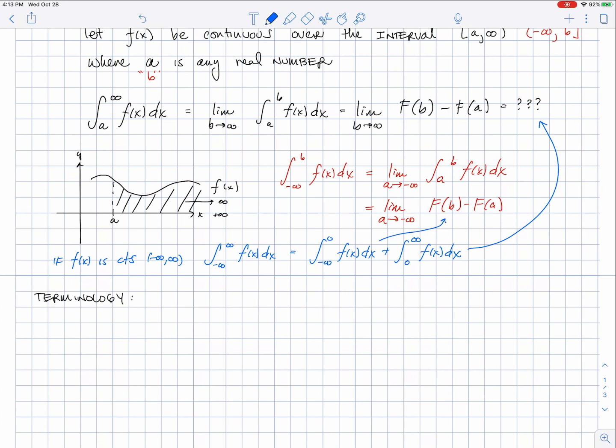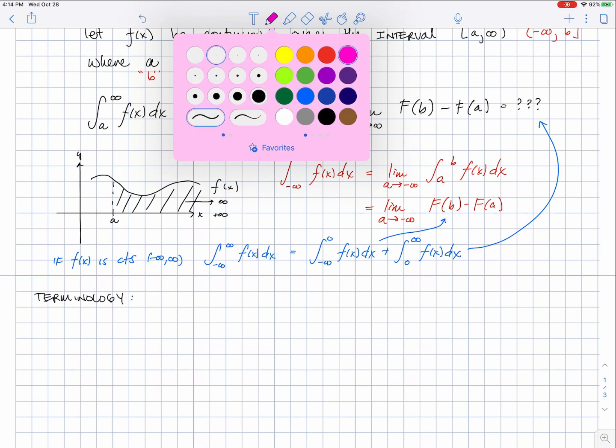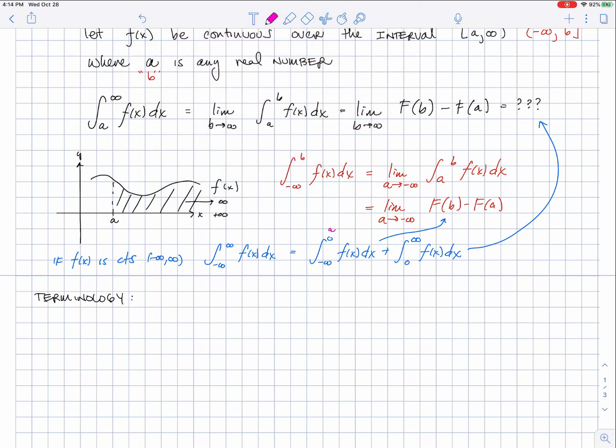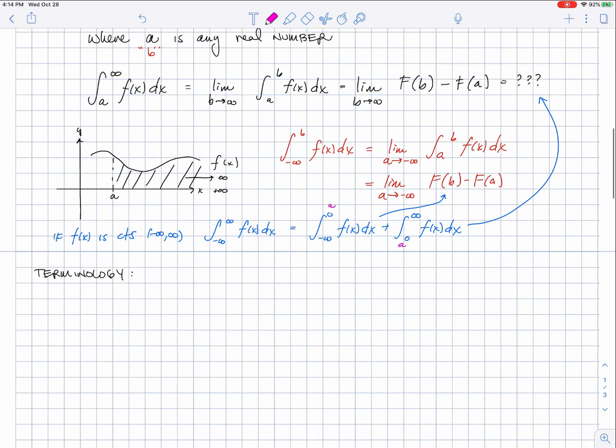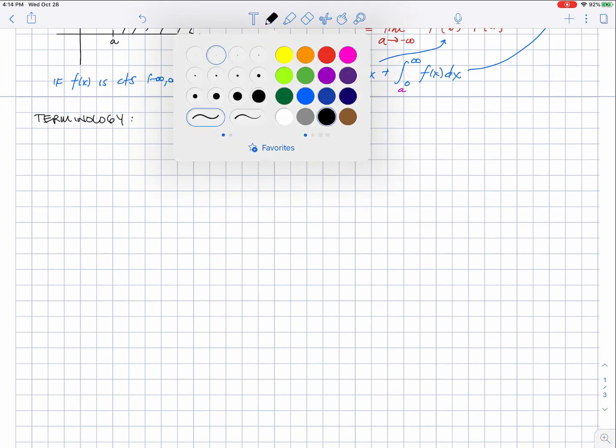So in the extreme case where both of your limits are improper, you can break this function up. It doesn't even have to be broken up at 0. It could have been broken up at a, anywhere in between. So basically break your interval in half and do the left side and the right side separately and add them together.